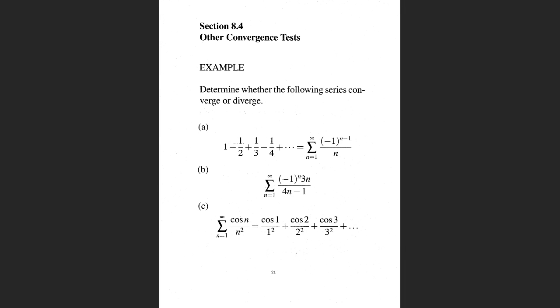And the one test that we already learned was the alternating series test. We used the alternating series test to establish that the series in A, from the last lecture we did in the recording, looks like a harmonic series, but it's not a harmonic series because the terms are alternating. Positive 1, negative a half, positive a third, negative a fourth.